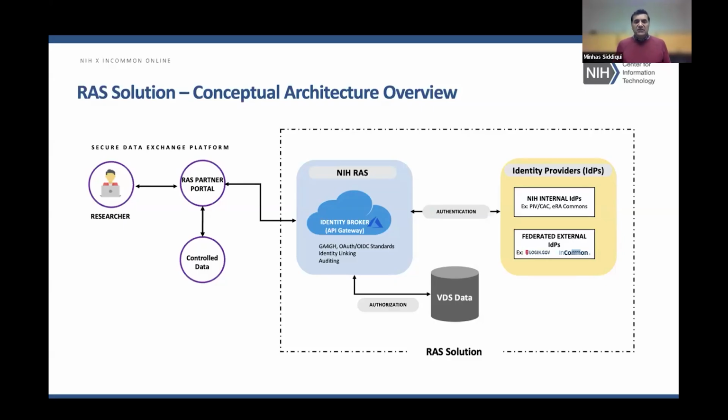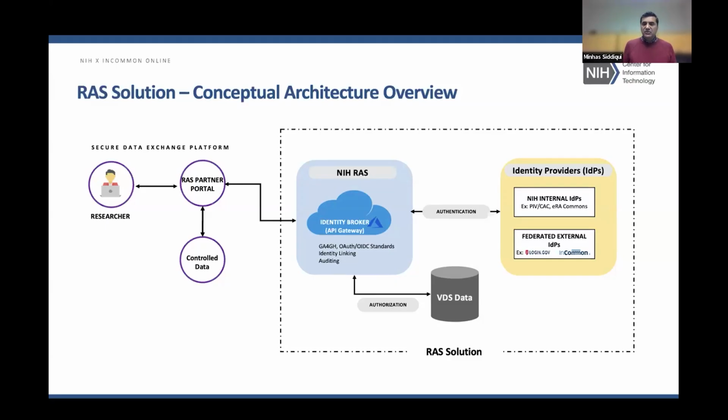Additionally, RAS uses VDS data, a virtual directory, which is synced with the authoritative source of dbGaP for genomic data permissions to support fine-grained authorization decisions, ensuring access aligns with roles, permissions, and policies. These authorizations are encapsulated into Global Alliance for Genomics and Health, or GA4GH-based passports and visas constructs, and they are issued by RAS.